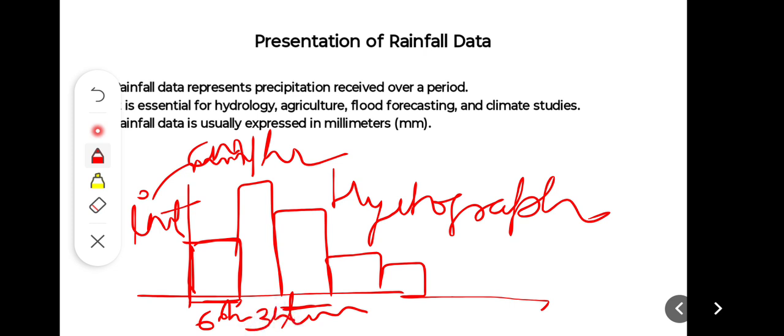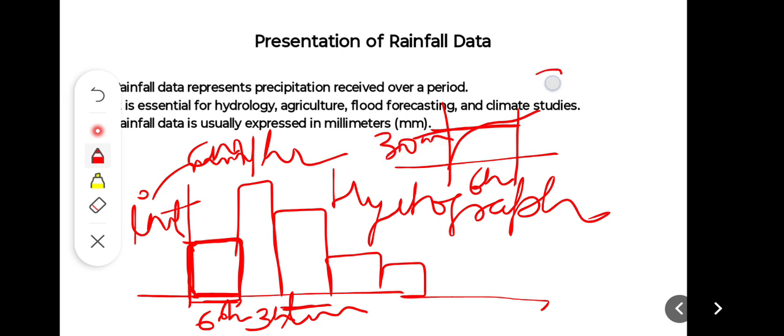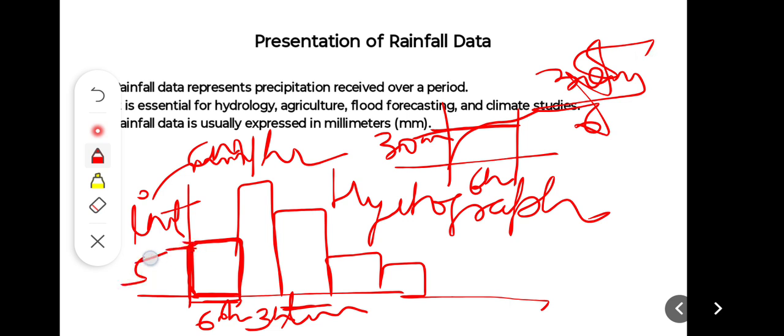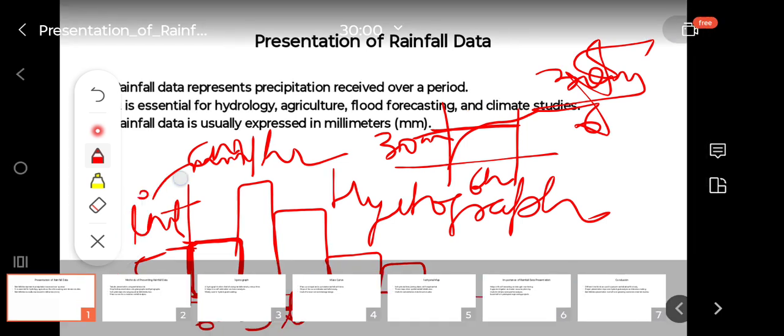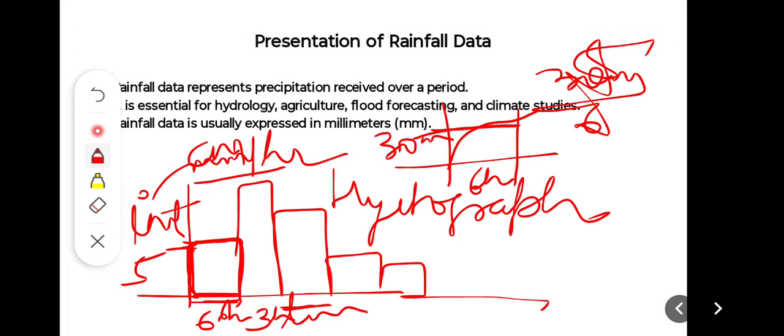Okay, so in this 6 hour, how much rainfall takes place in which intensity? If we have a mass curve of 6 hour, and in 6 hour the rainfall is approx 30 centimeter, then 30 centimeter by 6 is 5. Means here 5. So the variation between rainfall intensity and time is called hydrograph.